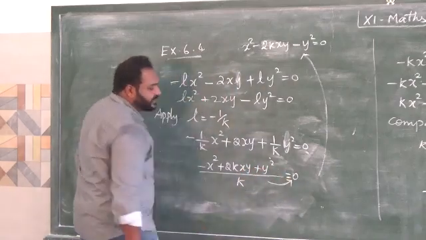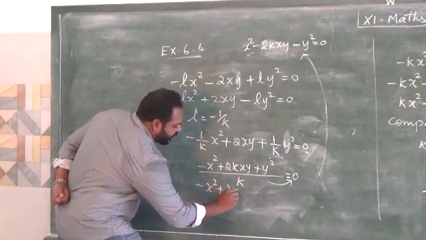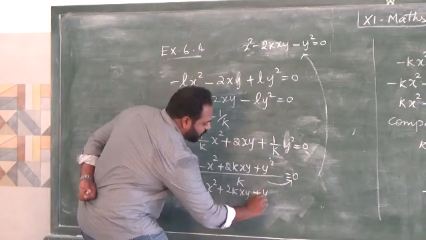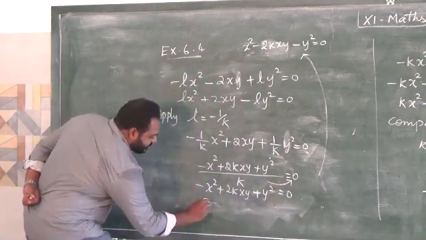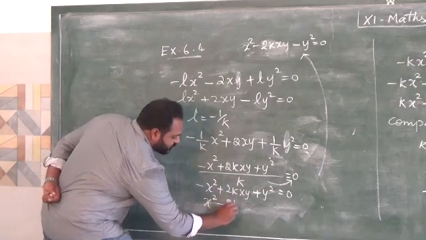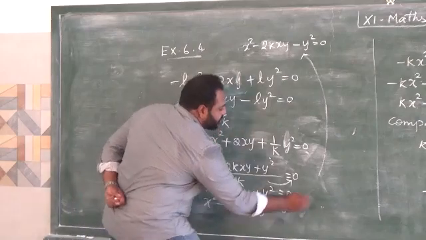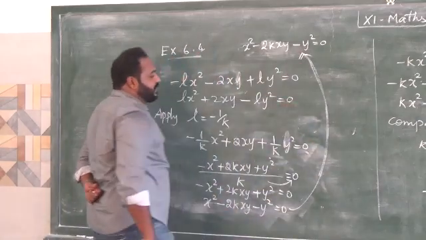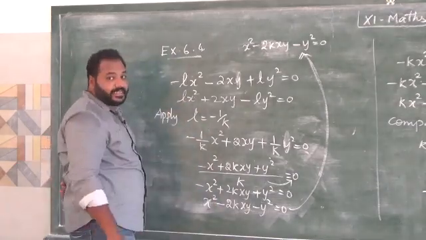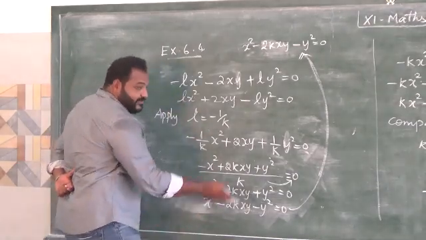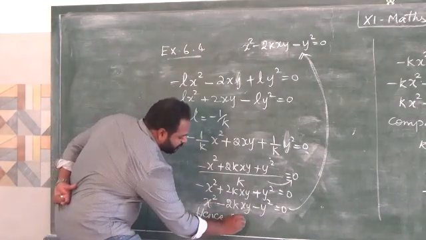Carry the k to this side, it will become 0. So minus x square plus 2kxy plus y square equal to 0. If you change the sign, plus x square minus 2kxy minus y square equal to 0, which is the given equation. So from the second equation, again we are finding the equation of the angle bisector as the first equation. Hence proved.